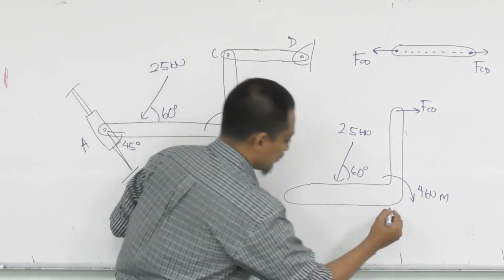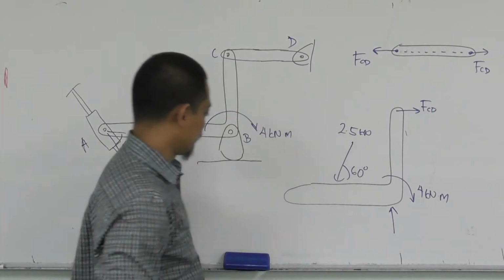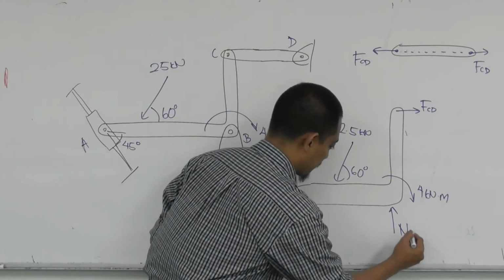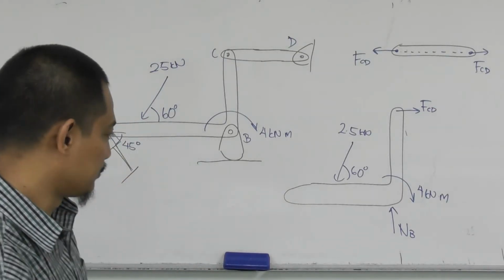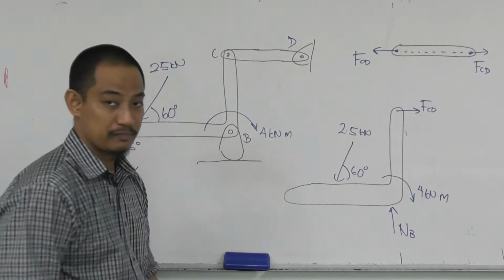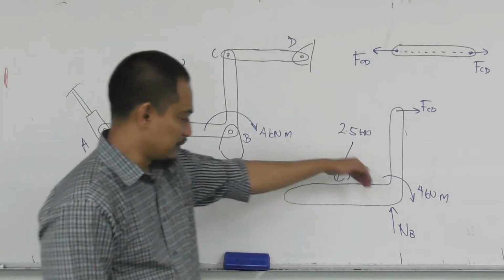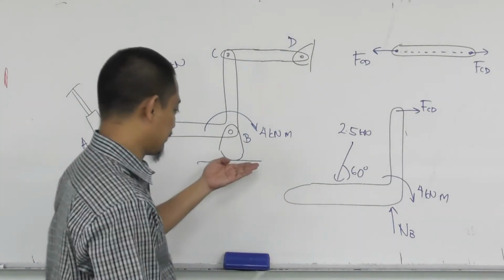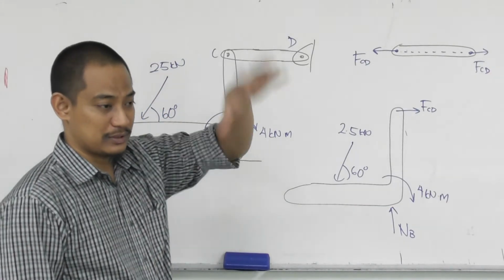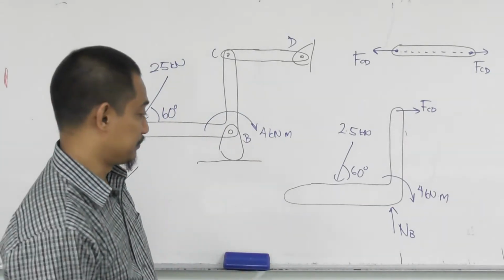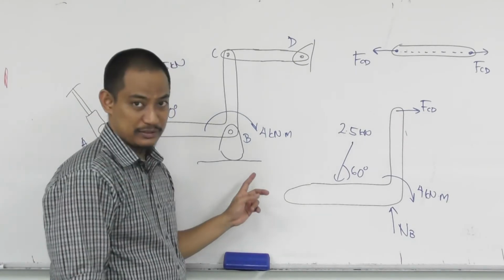So you have this reaction here, normal reaction B, for example. Sometimes we use N for normal force, so this is NB, the normal force at B. If you draw downwards, it doesn't make sense because the ground never pulls it down. It just pushes it up. Hopefully you can understand this.